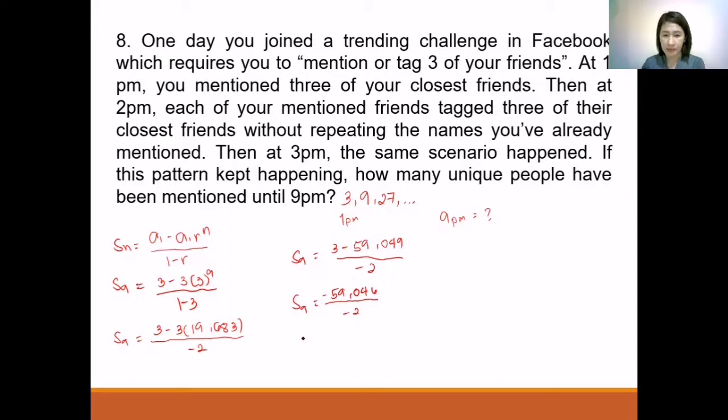So the final answer now is S sub 9 is equal to 29,523. So these are the total number of tagged people. So imagine if everyone will be doing it for just 9 hours, you'll be able to reach 29,523 persons.